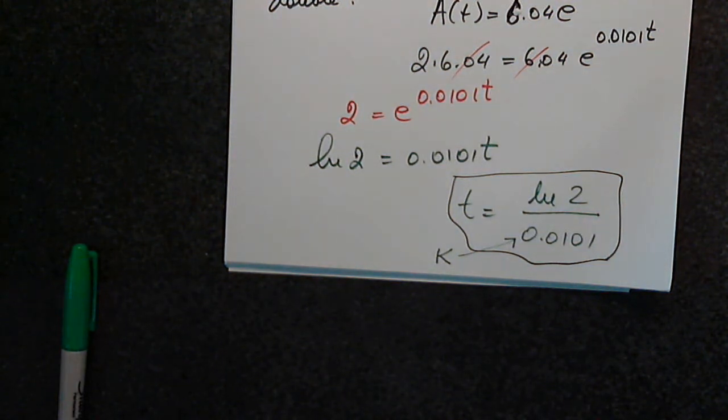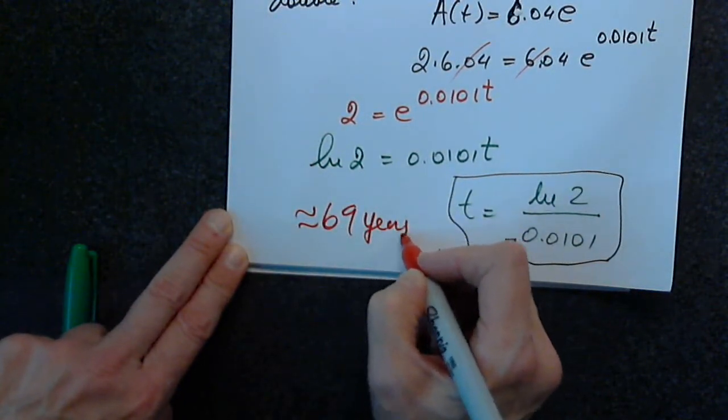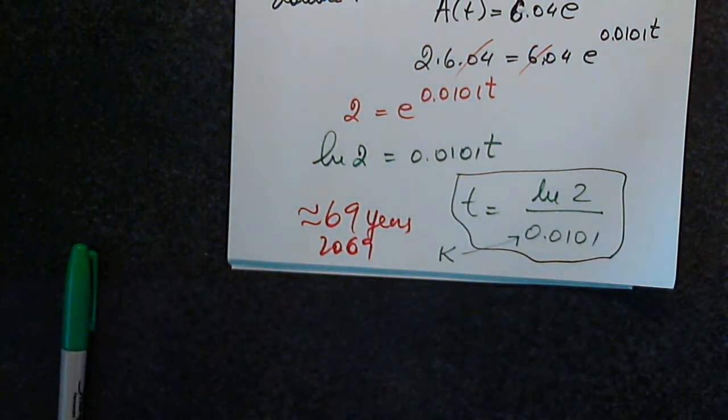I was just saying. So natural log 2, close the parenthesis and divide by 0.0101. So it takes approximately 69 years. In 2069, assuming the model still holds, no catastrophe happens on the globe and in other areas.